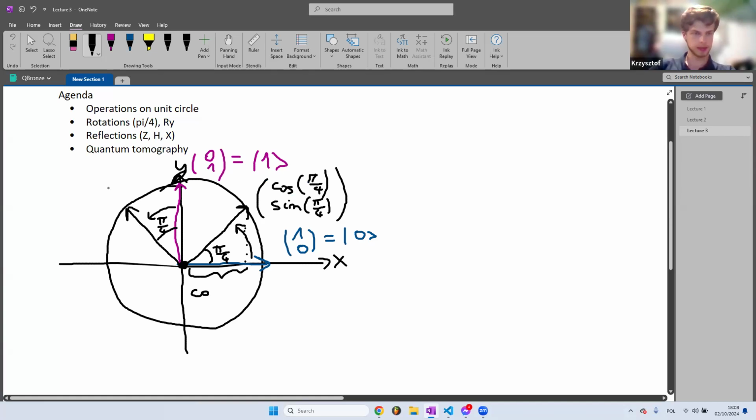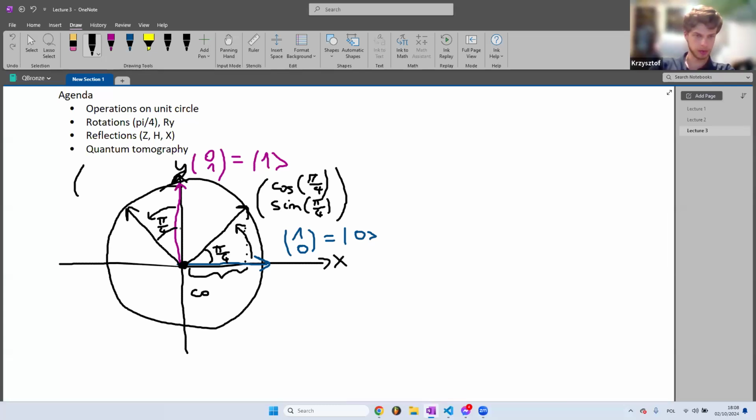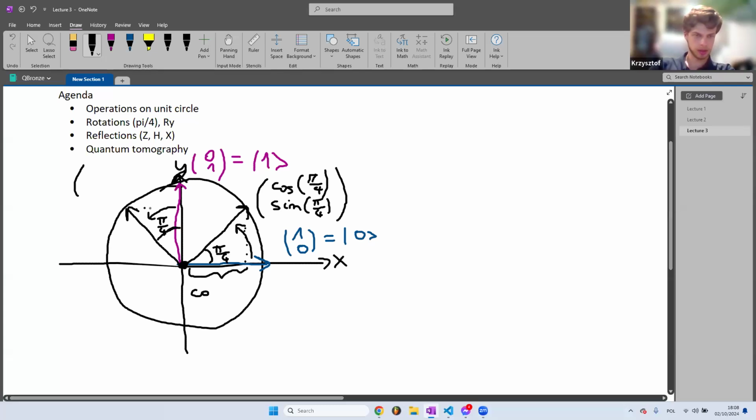Likewise, this vector here gets transformed to, if this is pi over 4, then here we will have cosine of pi over 4, and here we will have the value of minus sine of pi over 4.